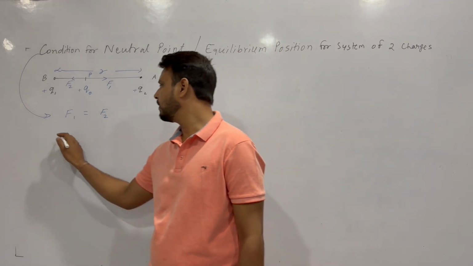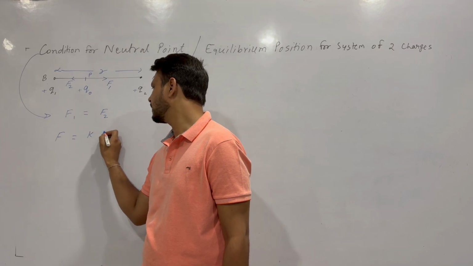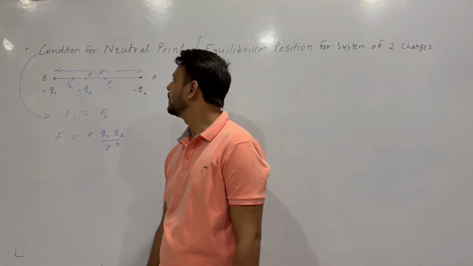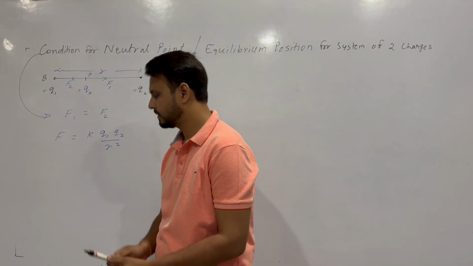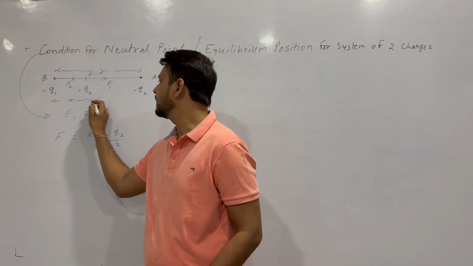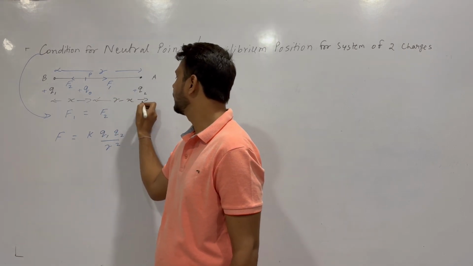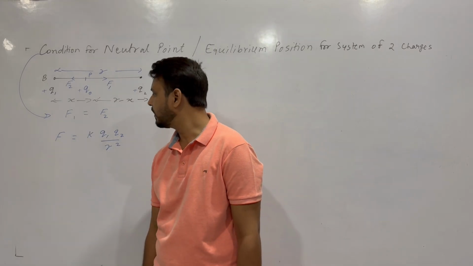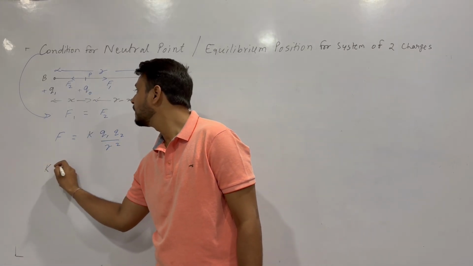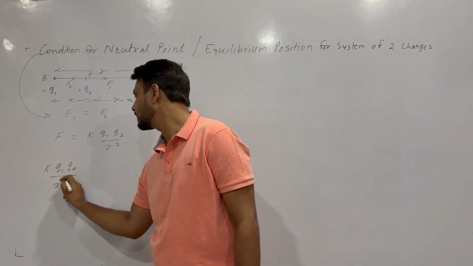Now, what is the value of F? The Coulomb force is given by K Q1 Q2 divided by R square. So let's say the distance is R, and the distance between these is X. Then the remaining distance will be R minus X. Now using this equation, F1 will be equal to K Q1 Q0 divided by X square.